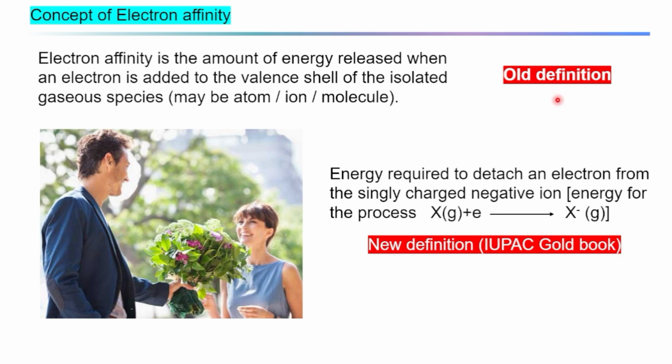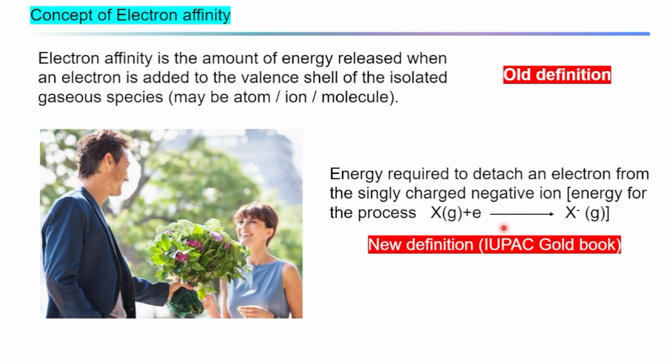So this was the older definition, and recently it has been changed, and it is said to be the energy required to detach an electron from a singly charged negative ion. So the energy for the process X plus e equals X minus.